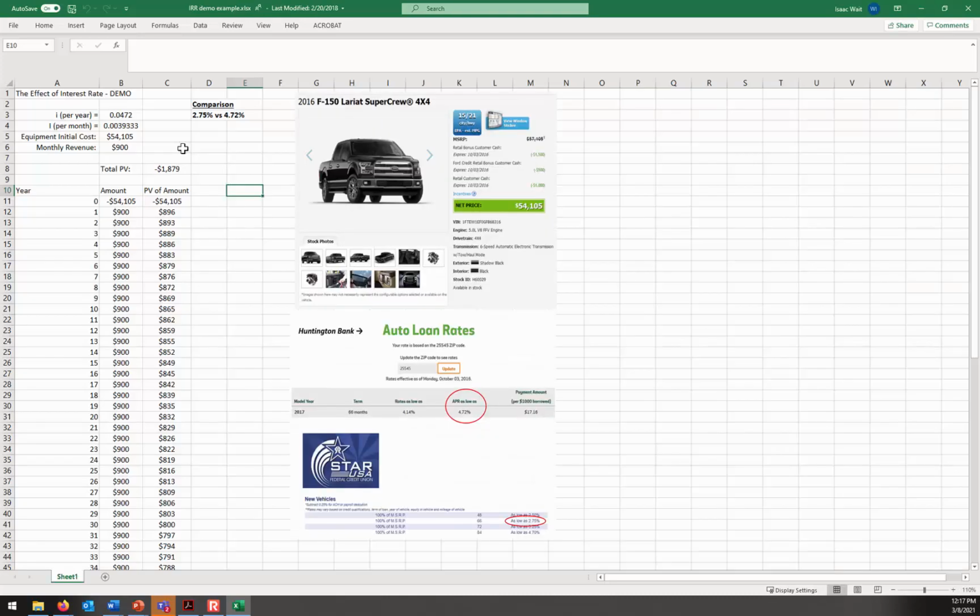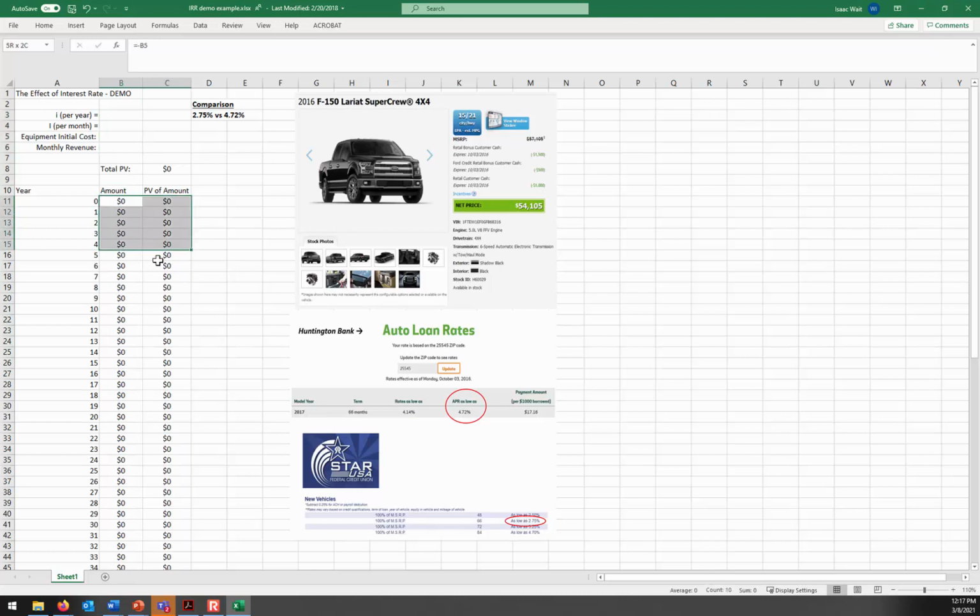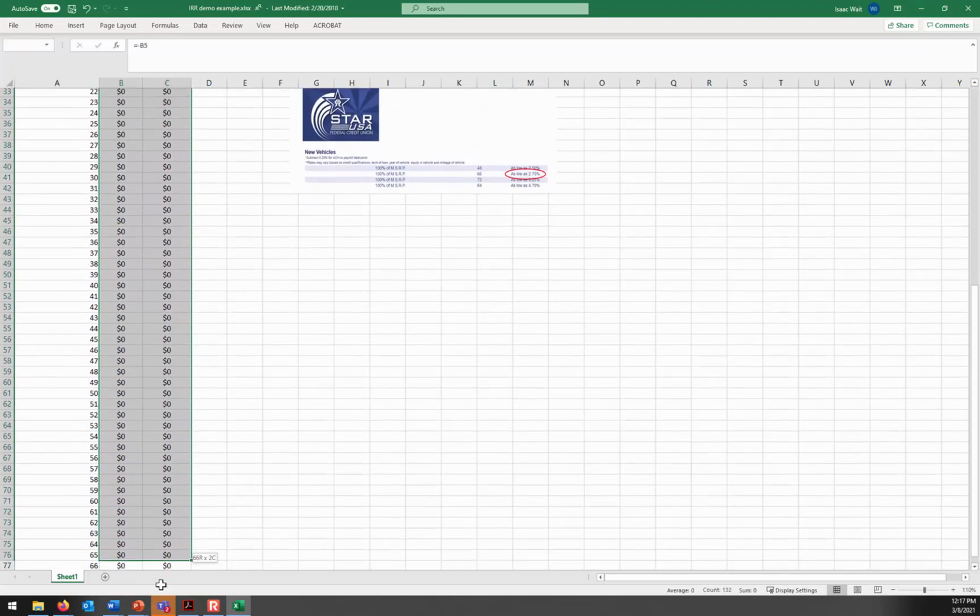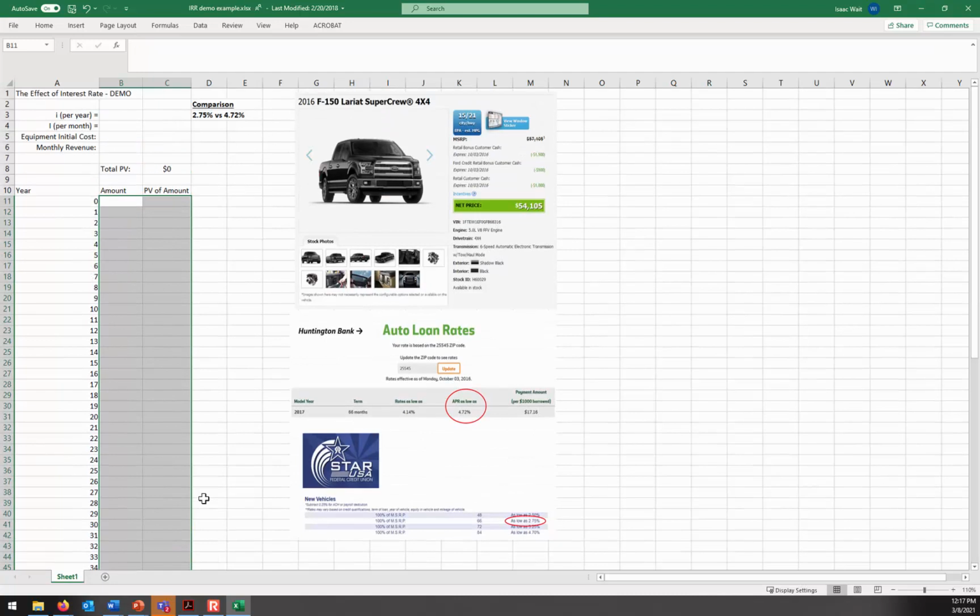All right, so here's our truck, and we've got a 66-month time horizon. Each one of these rows represents a 1-month period, so our period is a month. We're going to look at what if you got the loan for 2.75% or what if you got the loan for 4.72%.